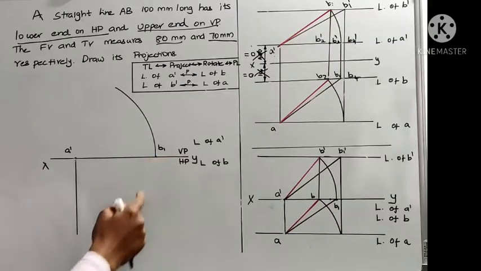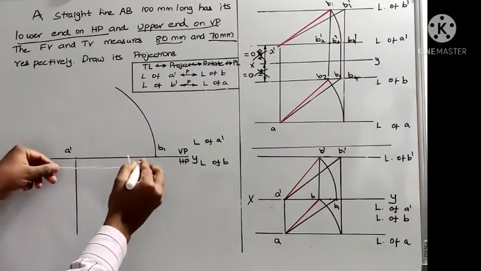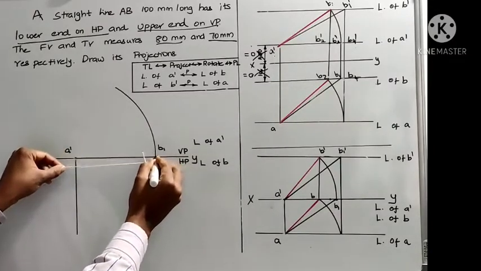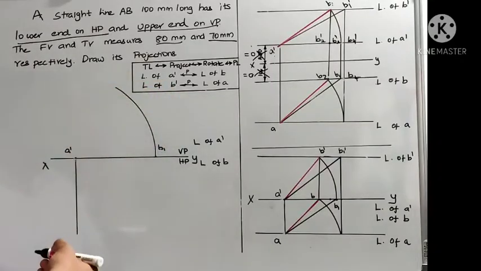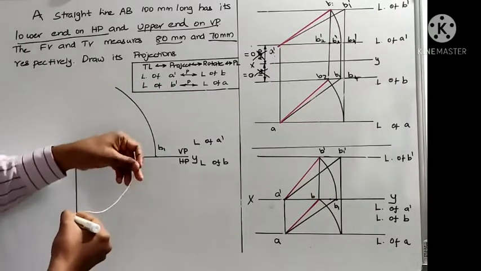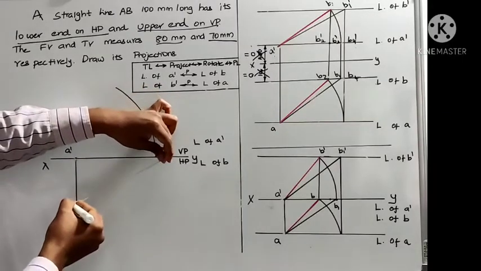So we know one end, and we know the other end will fall somewhere in this vertical line. So take a compass and measure 100 mm, keeping B1 as the center.